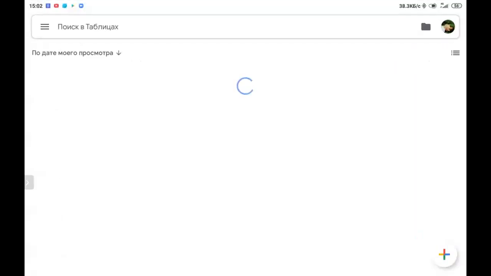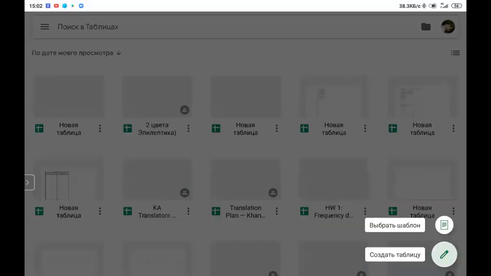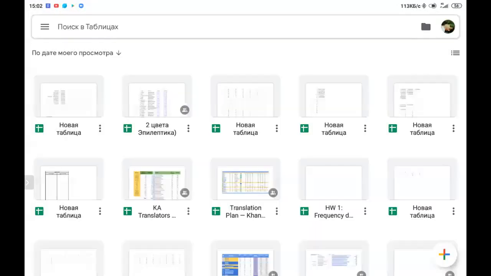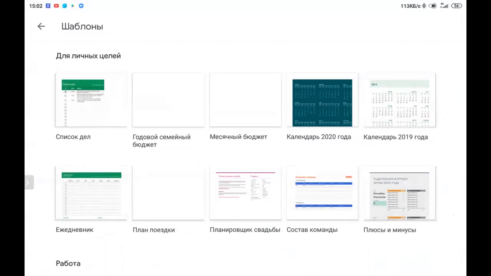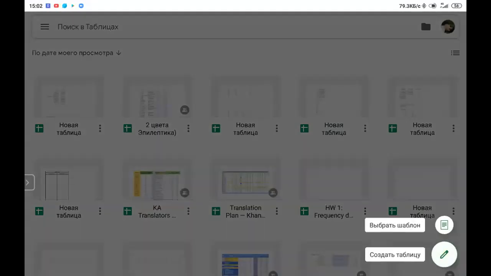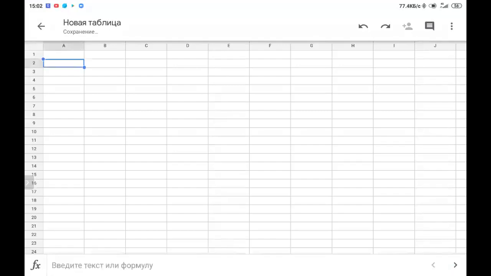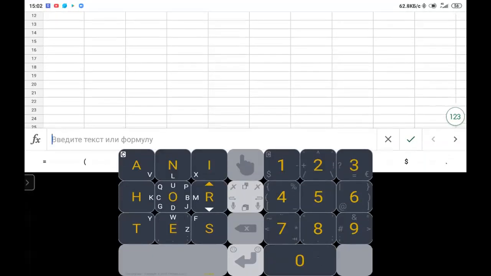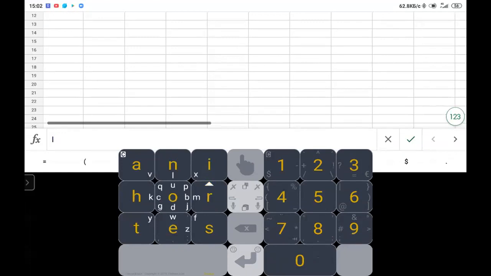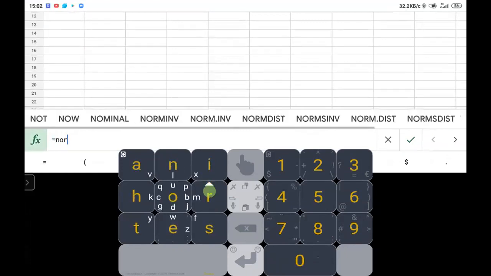So Excel can calculate the needed probability for us. So let me just create a new table. So our Z distribution is just a normal distribution.